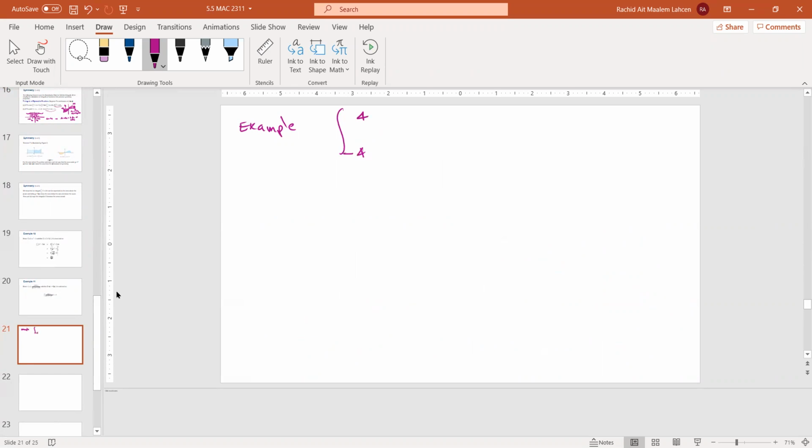Let's say from negative 4 to 4 for this polynomial. By knowing the odd and even, and by knowing the other properties, as we can split these for the sum and difference, we can do this.